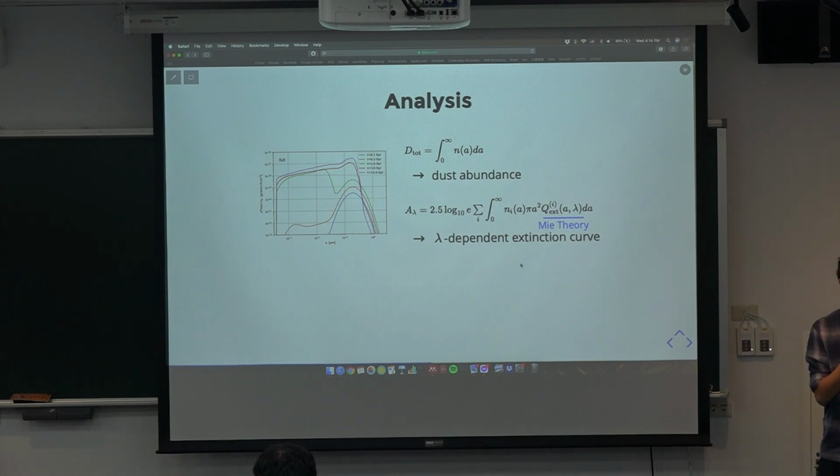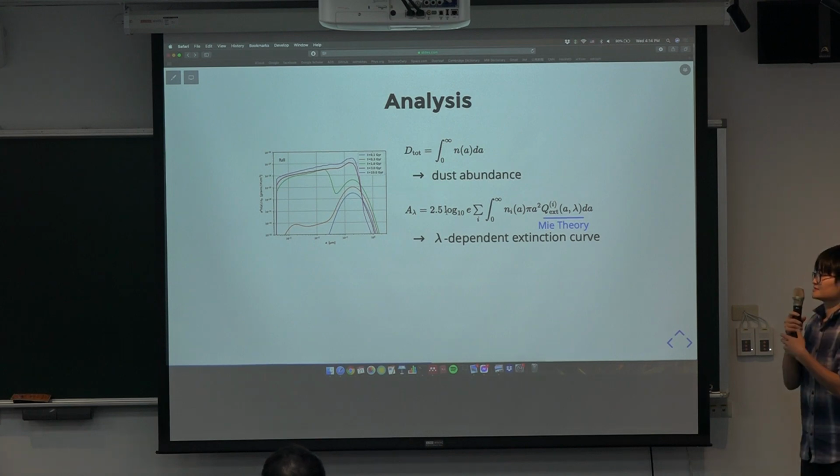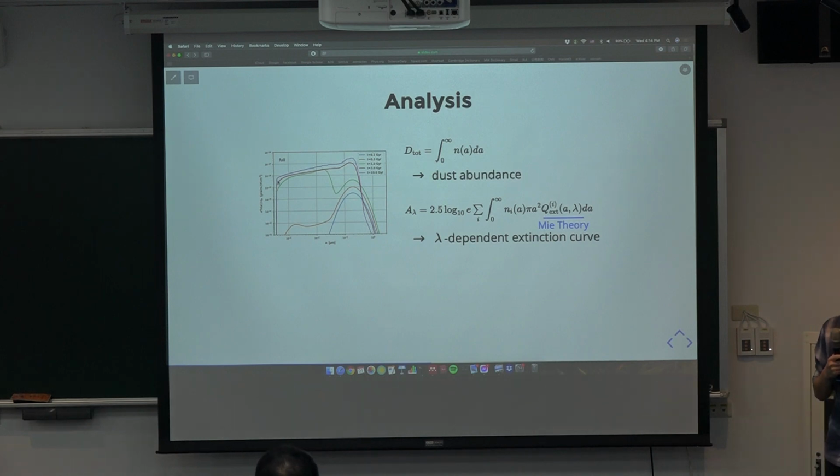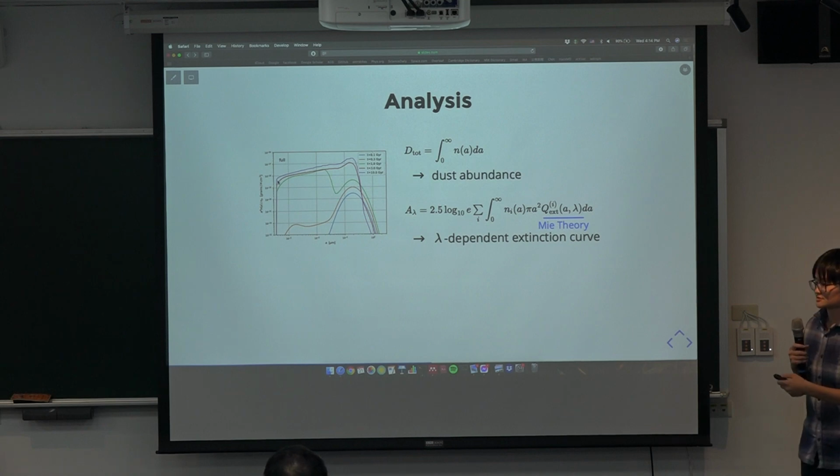So what I can do is calculate the dust abundance by summing all the dust under this grain size distribution area, and get the total dust abundance.